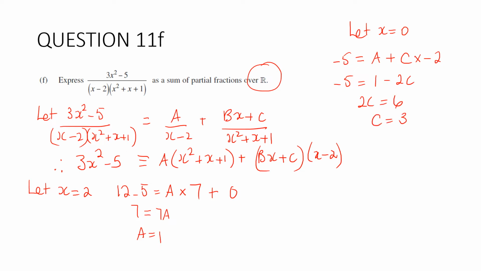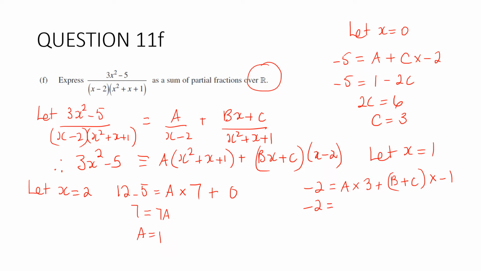And then finally, let's let x equal 1. 3 take away 5 is negative 2 equals A times (1 plus 1 plus 1 is 3) plus (b plus c) times (1 take away 2 is negative 1).